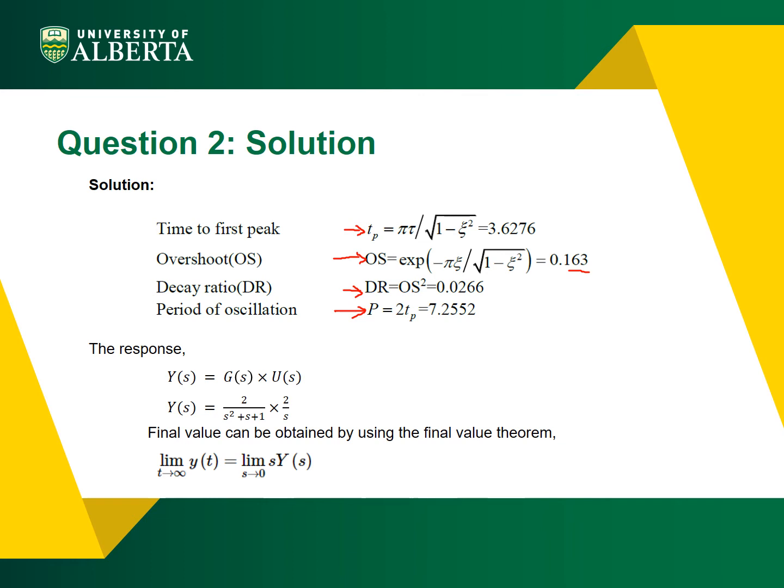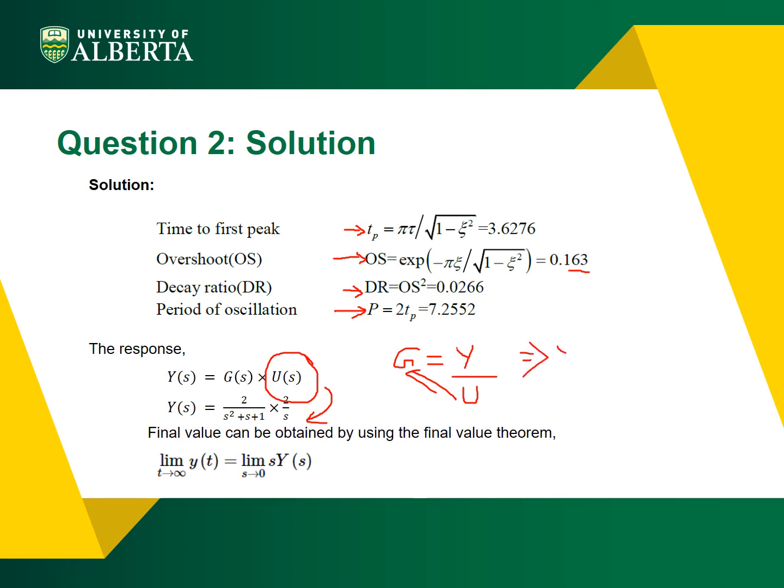So we know that we are giving a step input of magnitude 2. The response would be, because we know that g of s is equal to y by u, we just cross multiply.